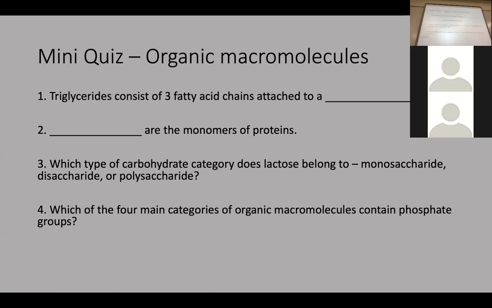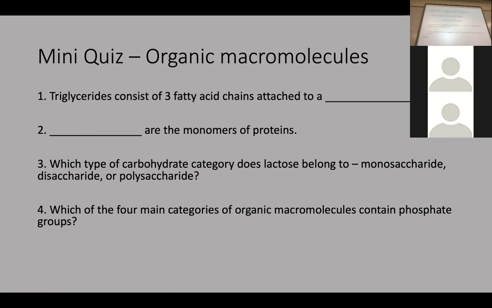Which of the four main categories of macromolecules contain phosphate groups? What, lipids? Lipids, wait, phosphate now, not lipids. What did we just talk about?